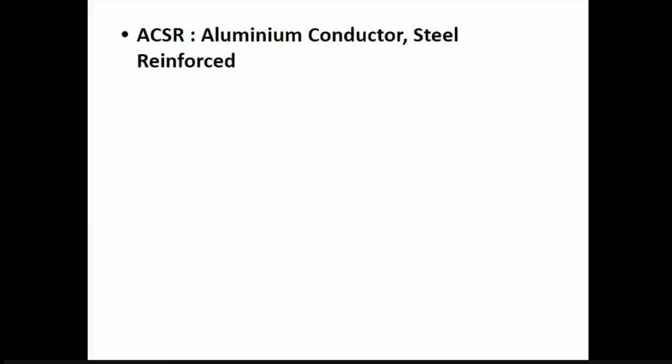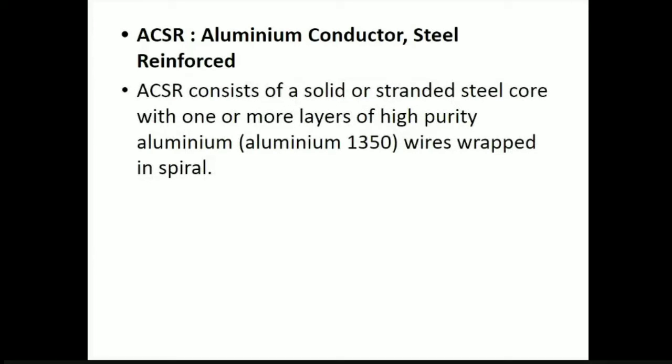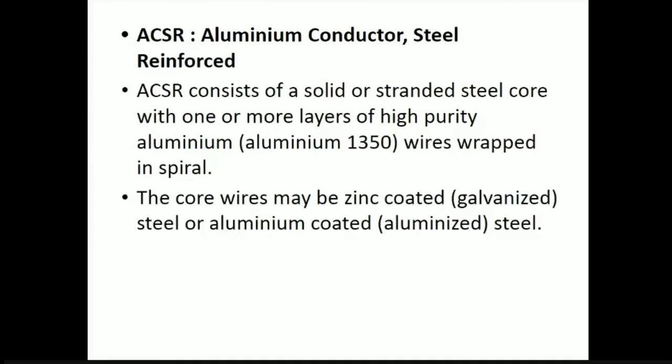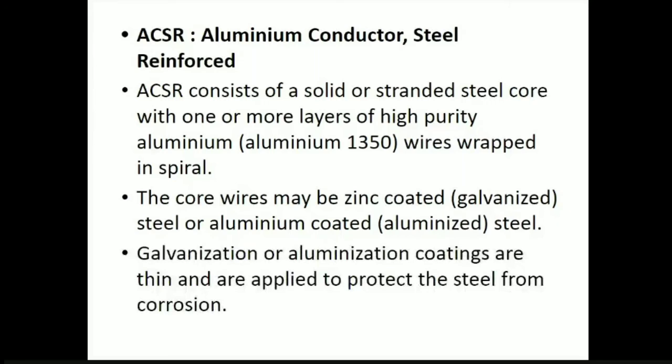And ACSR, aluminum conductor steel reinforced. This is the most popular material composition used for transmission. ACSR consists of a solid or stranded steel core with one or more layers of high purity aluminum wires wrapped in spiral. The core wires may be zinc coated, that means galvanized steel, or aluminum coated, that is aluminized steel.